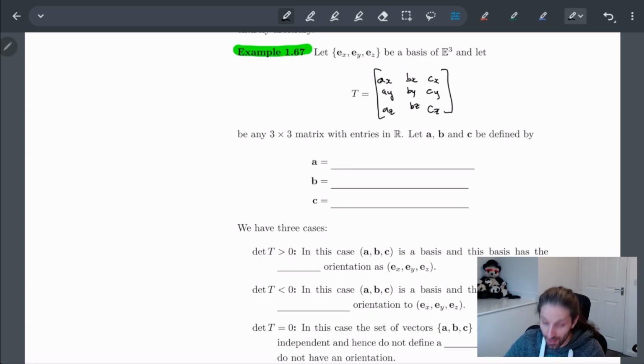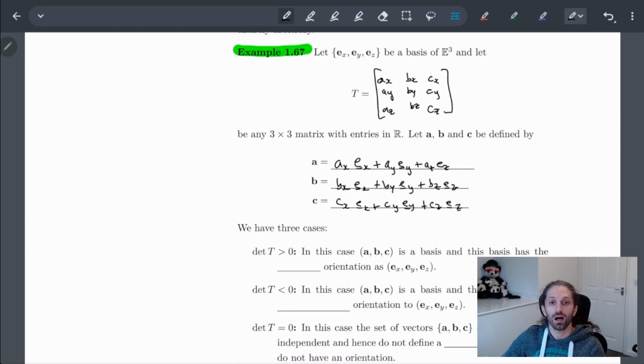Here, our vectors A, B, and C are given precisely by these three rows: A equals AX EX plus AY EY plus AZ EZ, B equals BX EX plus BY EY plus BZ EZ, and C equals CX EX plus CY EY plus CZ EZ.